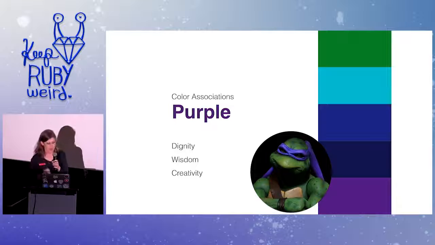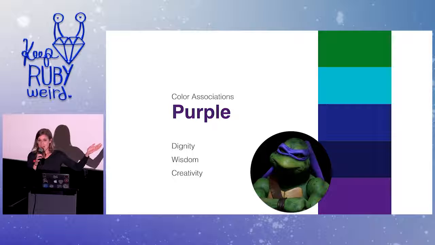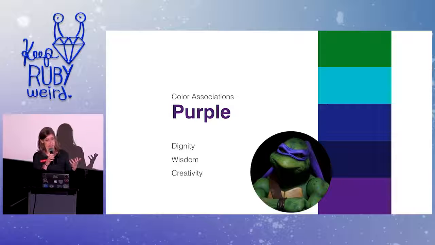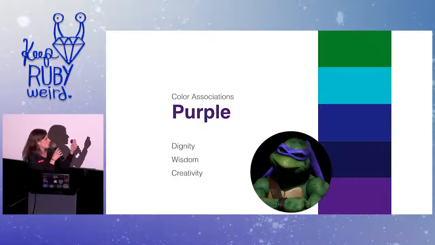Since purple was only accessible by people that were very wealthy, which typically meant that those people were also much more educated than the rest of the population, purple was associated with education. It was associated with creativity.